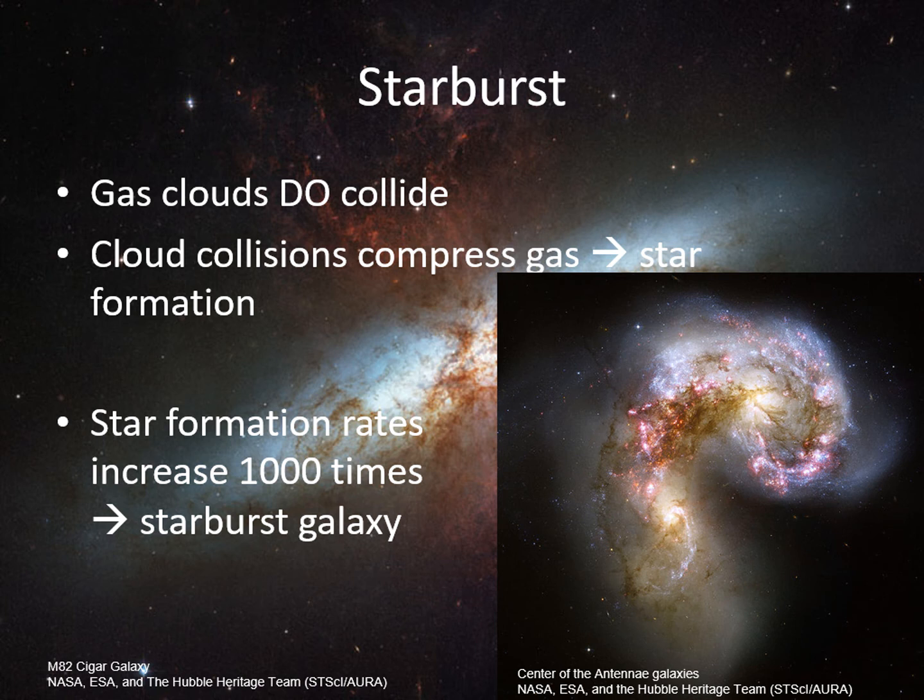On the right, you can see the red ionization nebula being lit up by new stars as two galaxies crash into each other. In a typical spiral galaxy, the rate of star formation can go up 1,000 times over the normal rate. We call this a starburst galaxy.